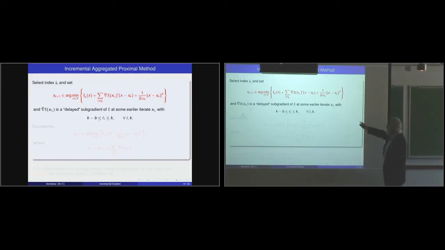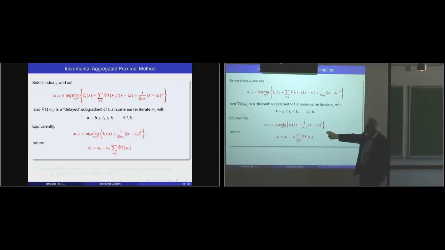There's an equivalent way to write this iteration, because this is linear in x, and this is quadratic, and you can complete the square here and write the iteration like so, where given xk, you recenter the quadratic form by moving it in the direction of the subgradients, and then you plug it in here in place of xk. And this is equivalent to this method here.